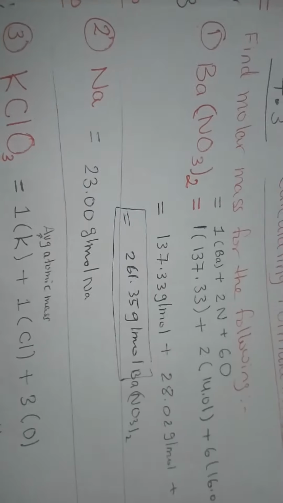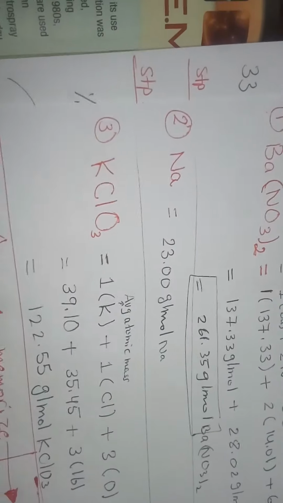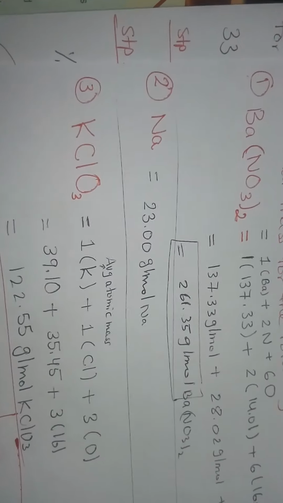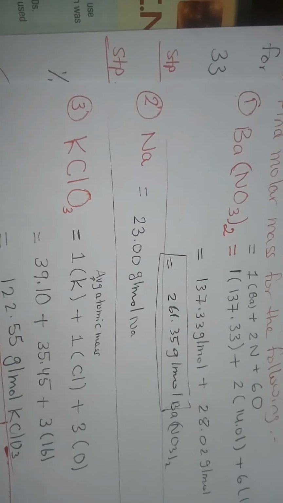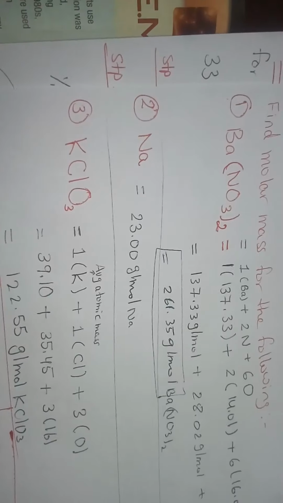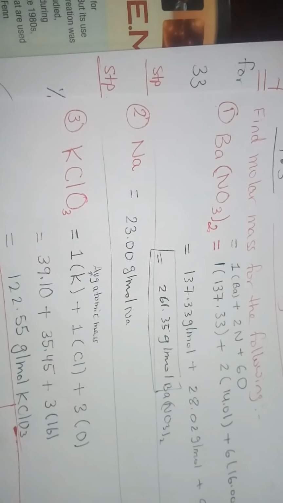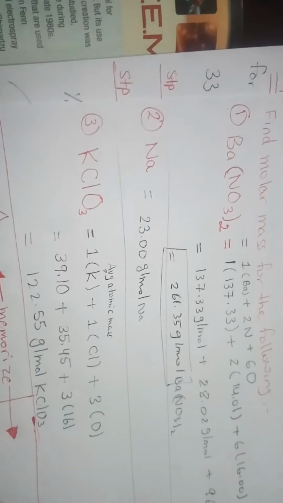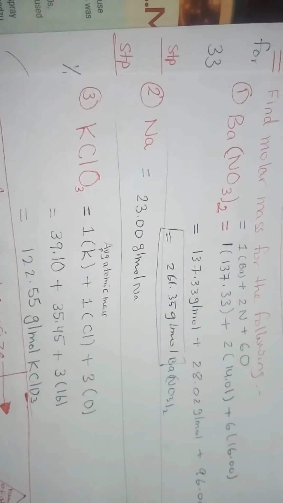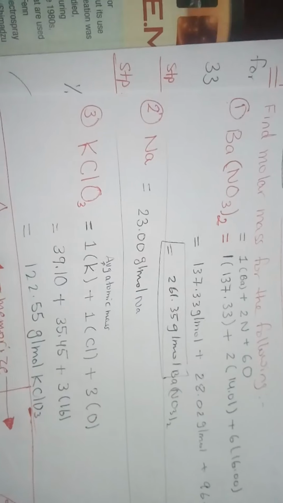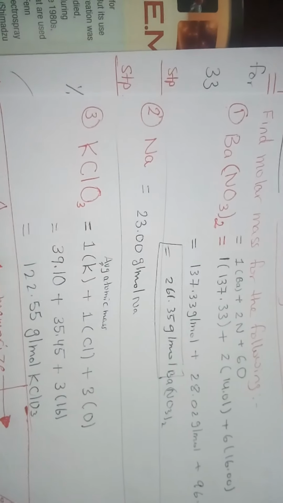What if the question just asks you about the formula mass of sodium, just an element, okay, and not a compound, just an element? So basically, all you have to do is that you just go to the periodic table and look for sodium.